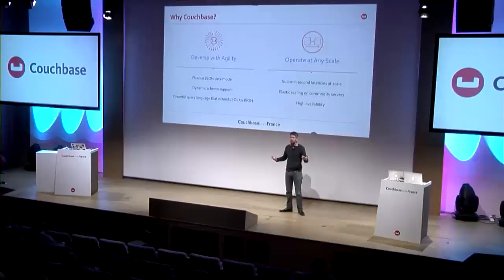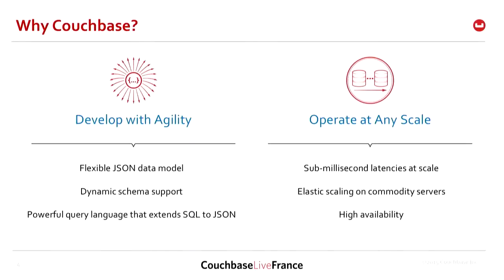If we take a look at Couchbase, we've really structured our technology, our roadmap and vision around these two concepts. We have a variety of features on both sides, be it our native JSON support, or our N1QL query language. On the operations side, our integrated and managed caching layer, the ability to elastically scale out a cluster, the ability to replicate to multiple clusters around the world.